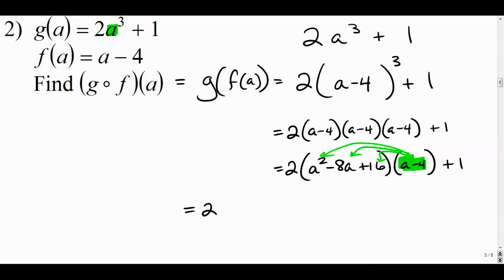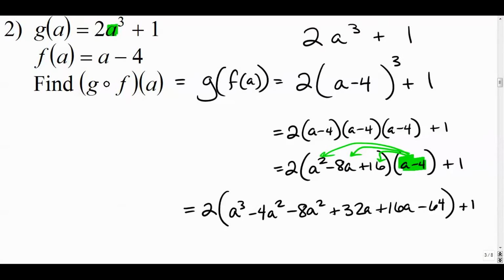So I go a squared times a minus 4, which is a to the third minus 4a squared. The middle one gets distributed, minus 8a squared plus 32a. And then this one gets distributed into the binomial as well, plus 16a minus, what is that, 64, plus 1.